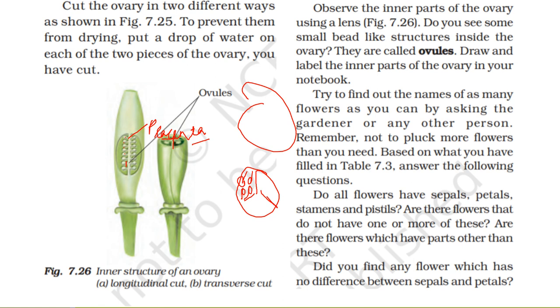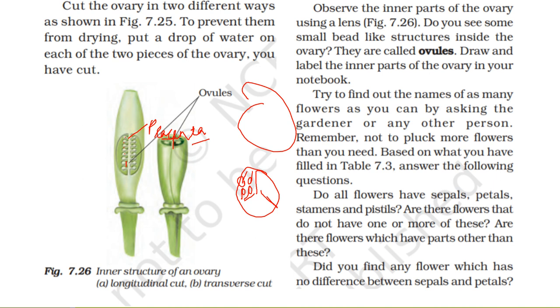But as we know, there is a large variety of flowers in color, in shape, in everything. Similarly, the stamens are somewhat more in number in some, and the pistils are fewer in number than the petals. So their number may differ according to the variety of flower we are observing.